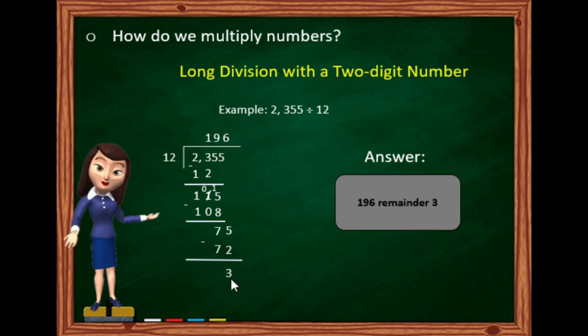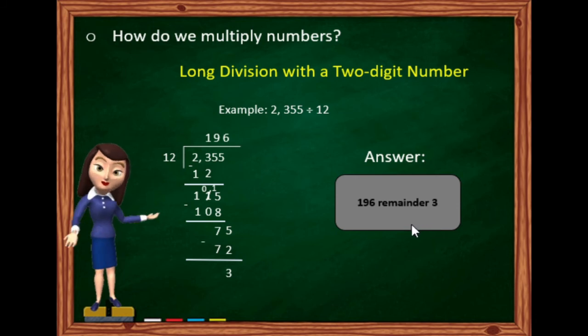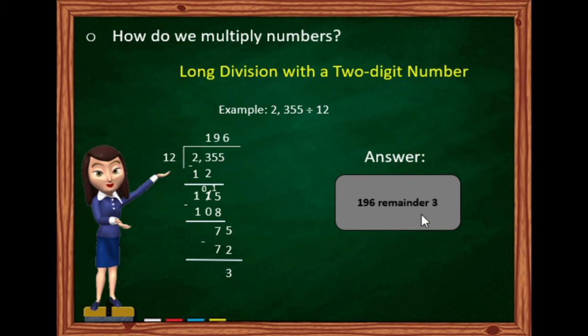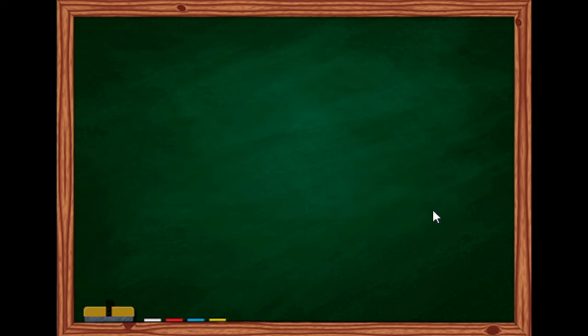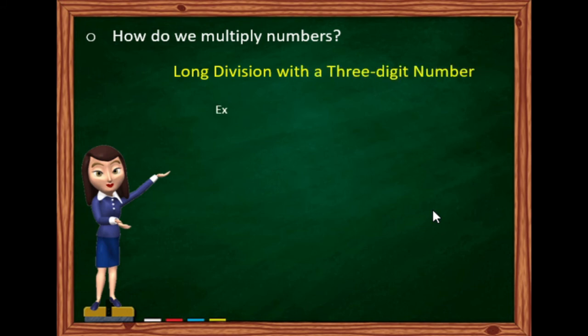Because it's the number that is left. 196 remainder 3. Or if you want to have a decimal answer, you can continue. But for now, we can stop here. Okay? 196 remainder 3.